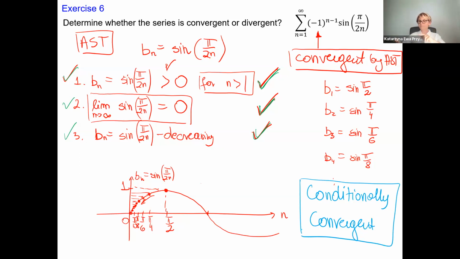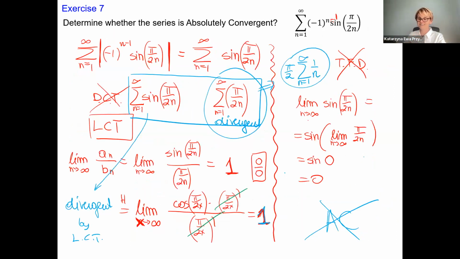Because it is convergent, but absolute convergence wasn't the case, and we have the work on the next one. Yes, CC. Nice example, really nice, because the test, AST, is interesting here, and the limit comparison.